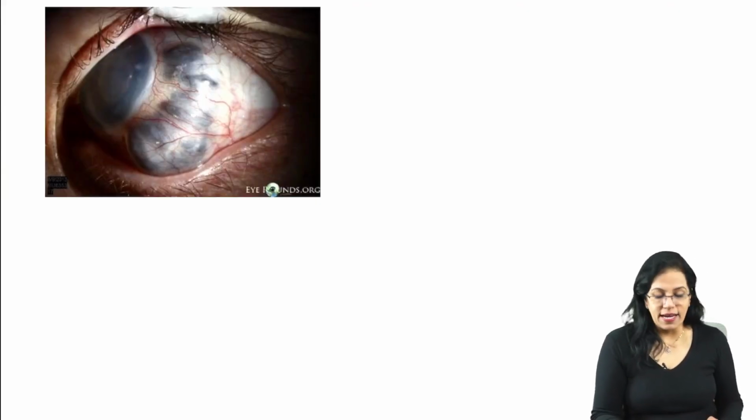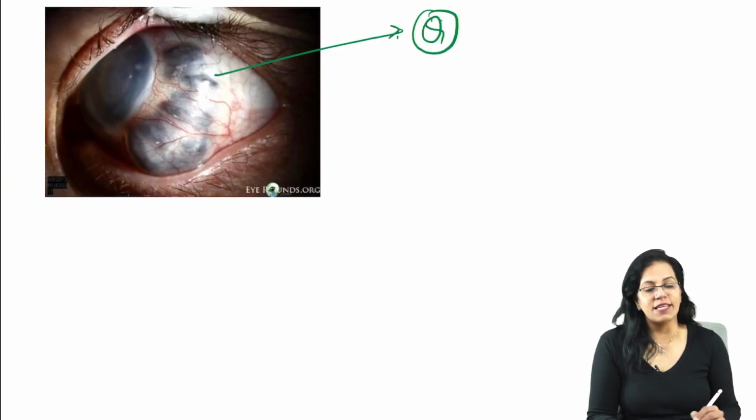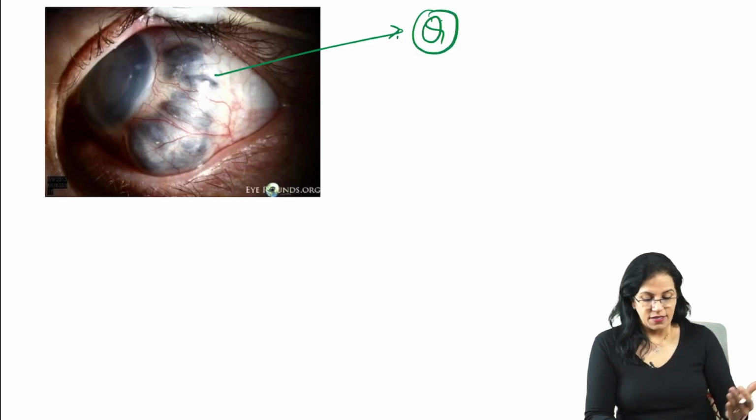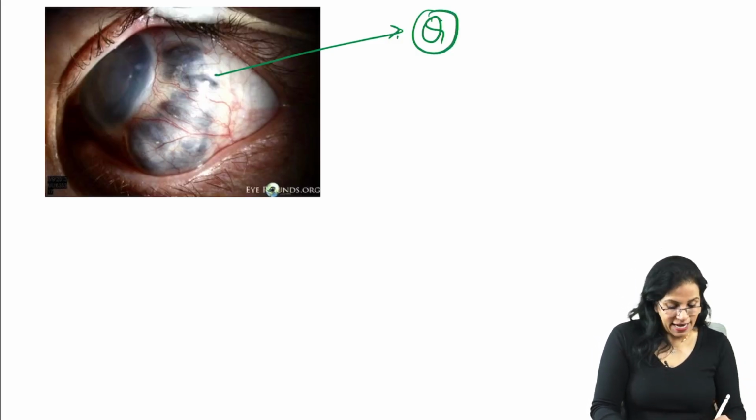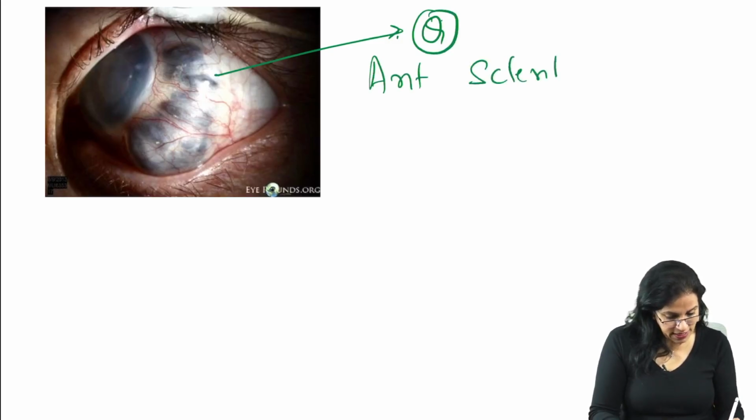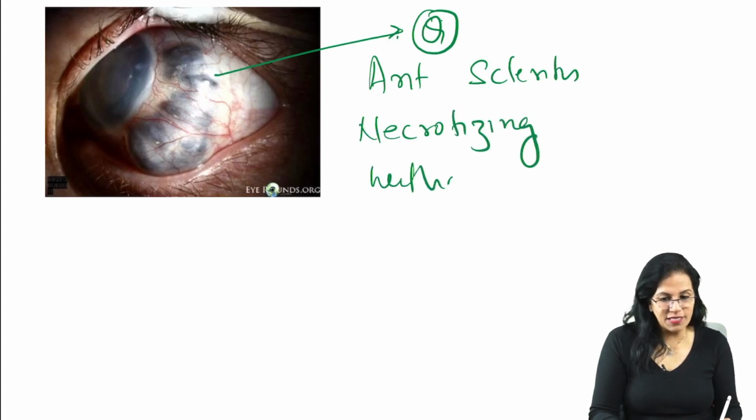What are you looking at here? What is this? You all know, this is scleritis. This scleritis is causing staphyloma, which is an ectatic condition of the sclera. It is anterior scleritis which is necrotizing and without inflammation, right? These are the important points about this.